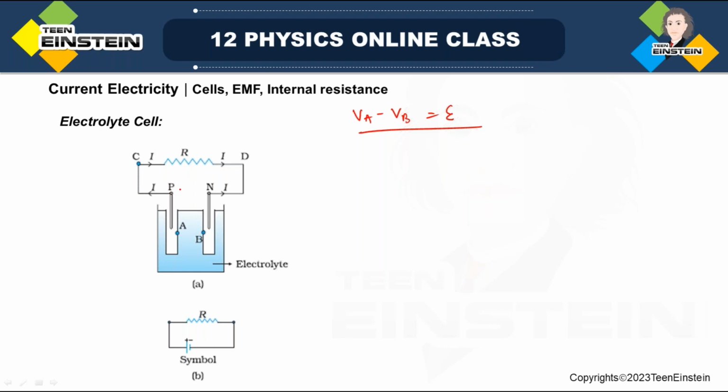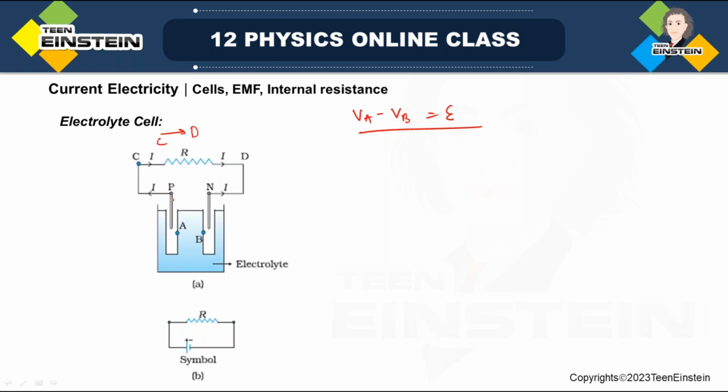There will be a flow of current, since there is a potential difference between P and N. That current, suppose I, will flow outside the circuit. As you see, the current I is flowing from C to D.